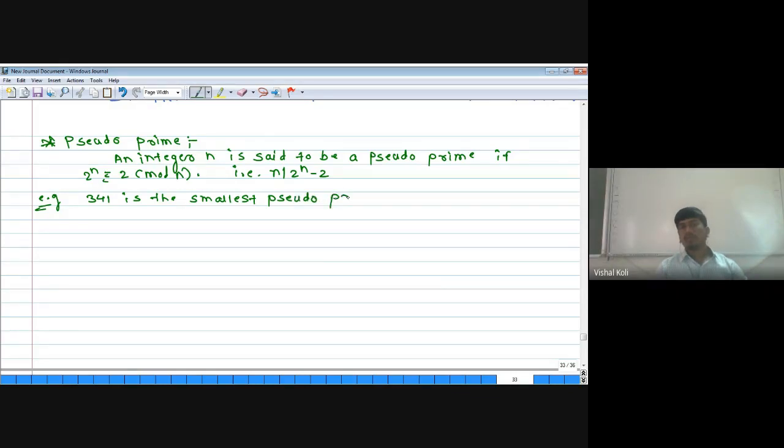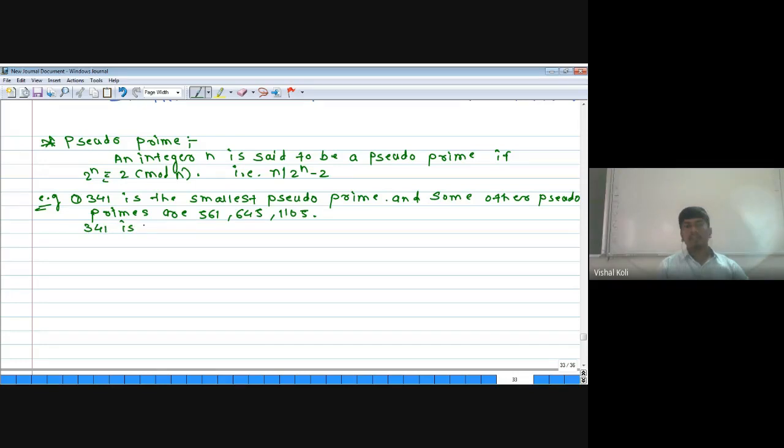And some other pseudo primes are 561, 645, 1105, and so on.